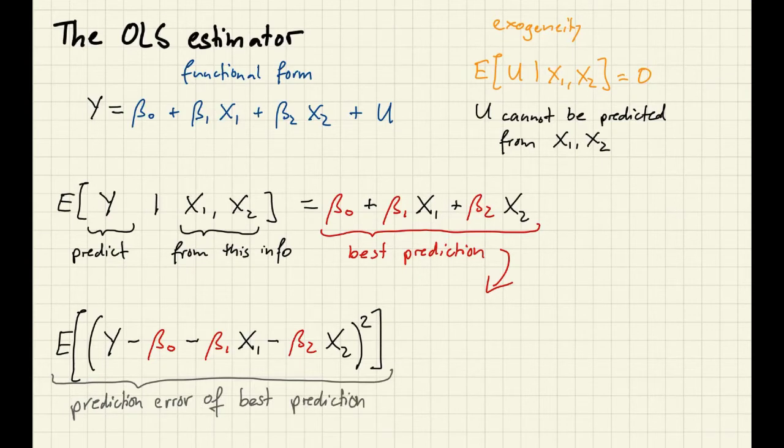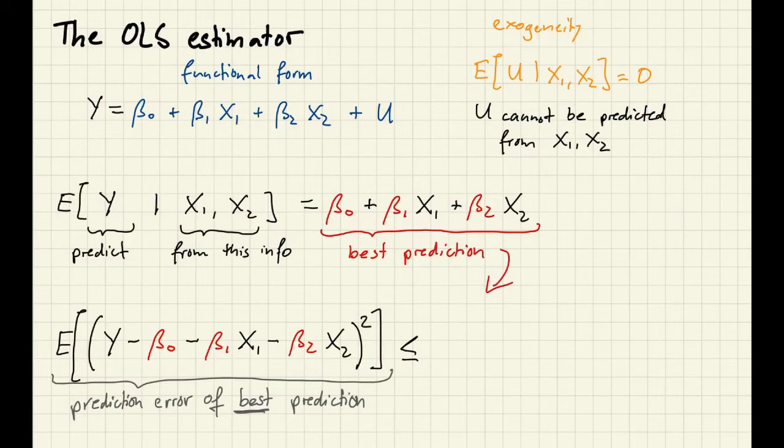For this prediction to be actually a best prediction, it has to be better than any other prediction. We can generate other predictions by combining x1 and x2 in other ways than this one, possibly nonlinear ways, but let's just think about other combinations that are linear combinations of x1 and x2. This best prediction is a linear rule, and it has to be better than any other linear rule. Being better means that it has smaller prediction error than the prediction error from any other linear rule.